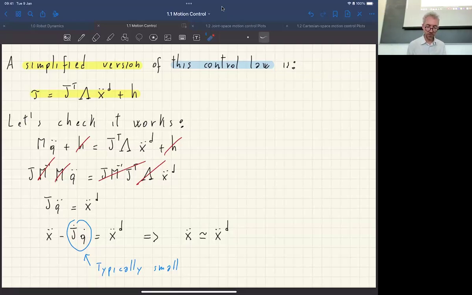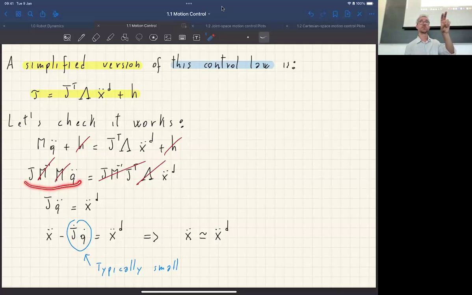So the expression becomes much simpler, and it's quite easy to show that this is going to work well in practice. We do the usual analysis of closed loop behavior. We write on the left-hand side the robot dynamics. On the right-hand side, we have our controller. H appears on both sides, so we can remove it. Then I can multiply both sides of the expression times J M inverse. On the left-hand side, I get J M inverse M q double dot.